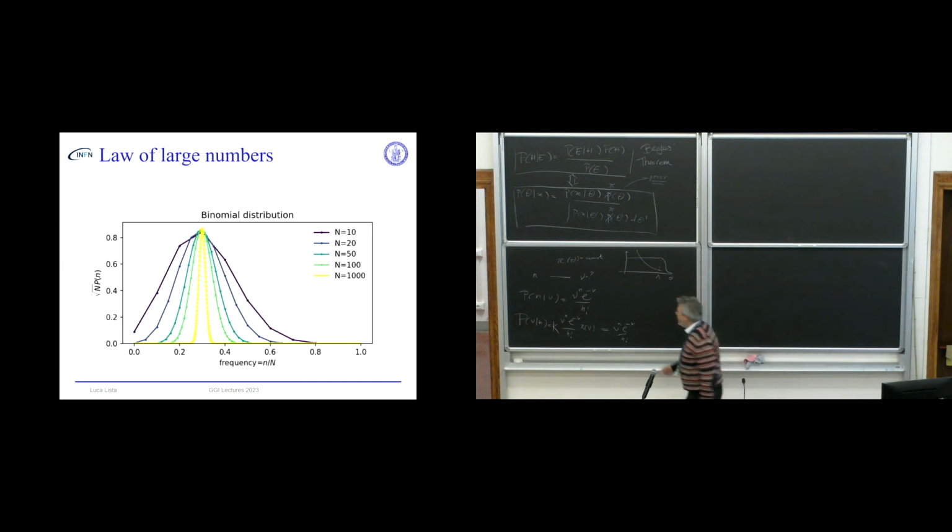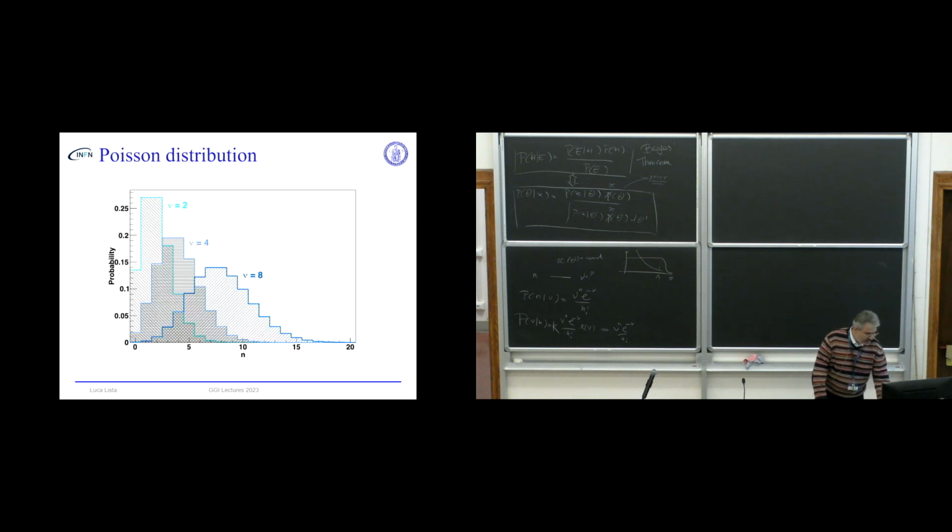Okay, this is a histogram which you should see somewhere. Okay, here it is. So this is basically a histogram as a function of n. This one is a function of nu, and if you plot it, this is a so-called gamma distribution.